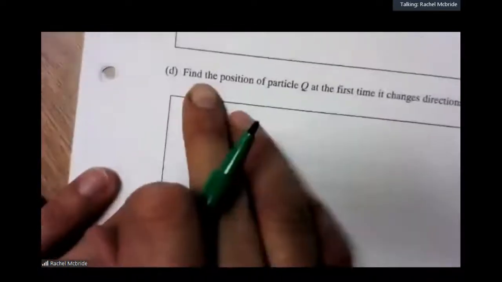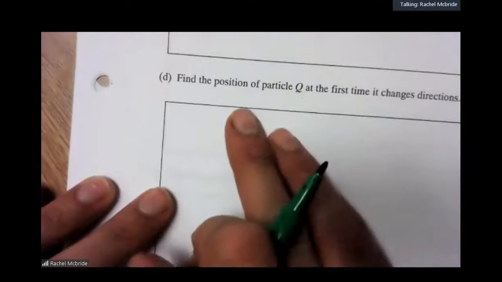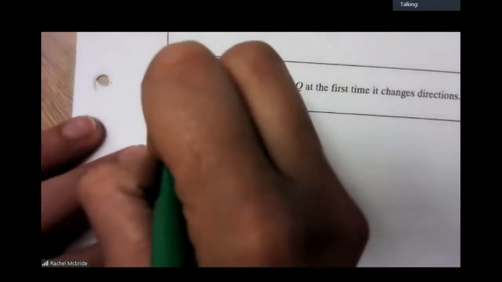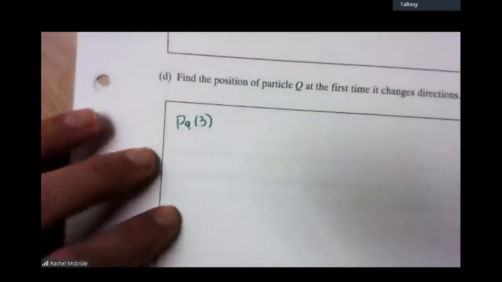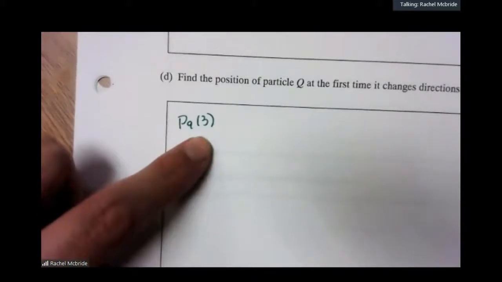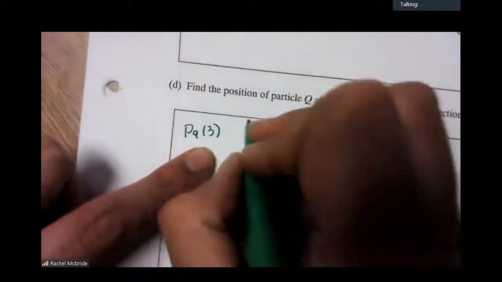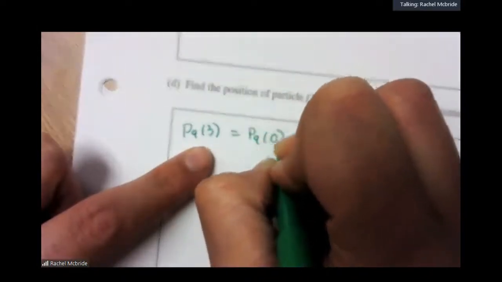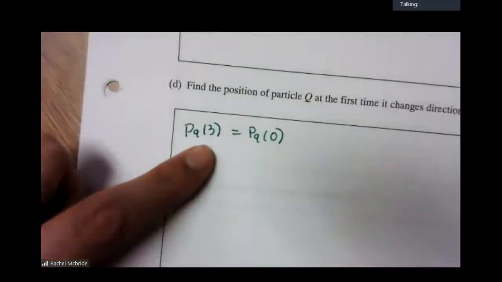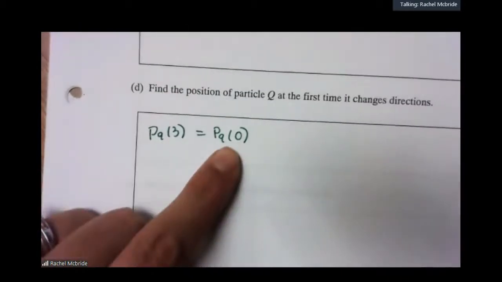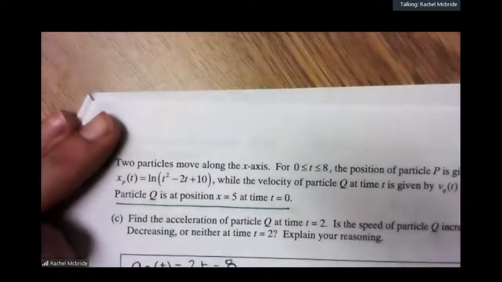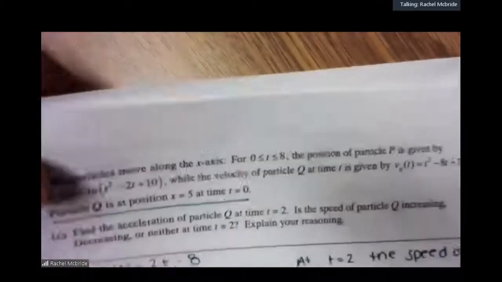So I want to find the position of Q at 3 seconds. That's going to equal the position of function Q at 0, because they gave me that initial. It was given to you that particle Q's position at time 0 was 5.